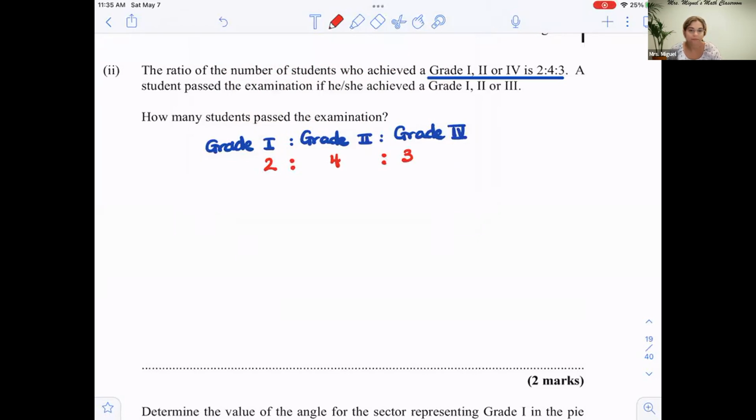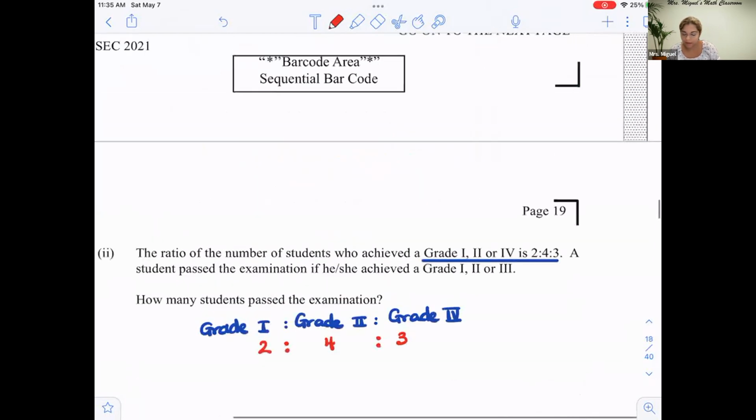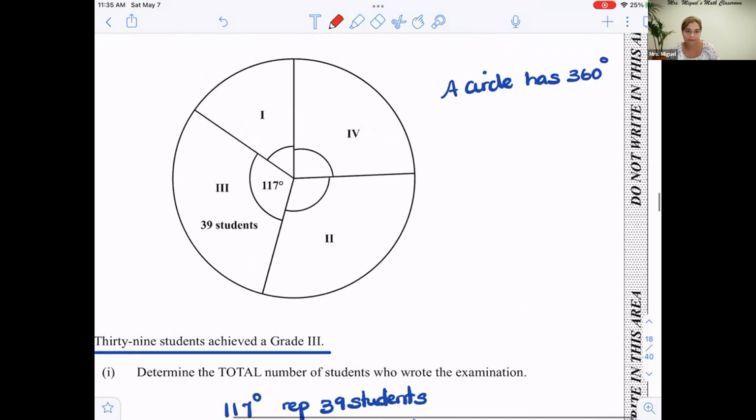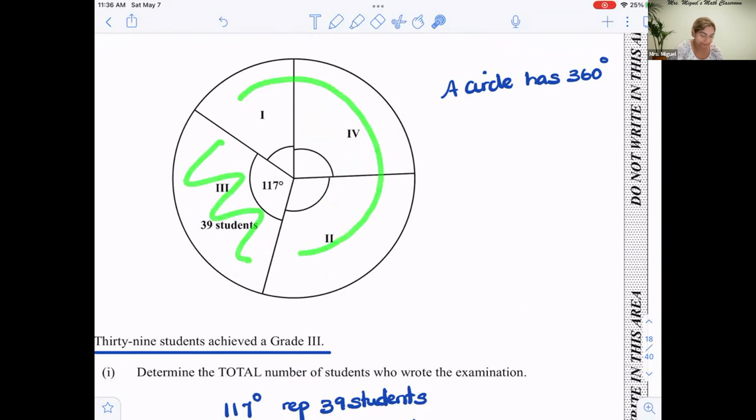Now, if there are 120 students in the whole circle, and this part here is 39, what is this part here? How many students must this represent?